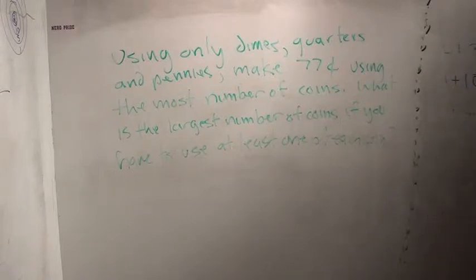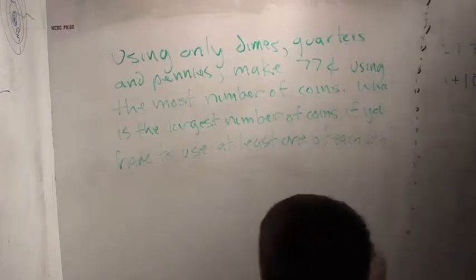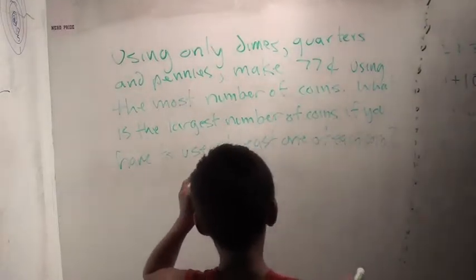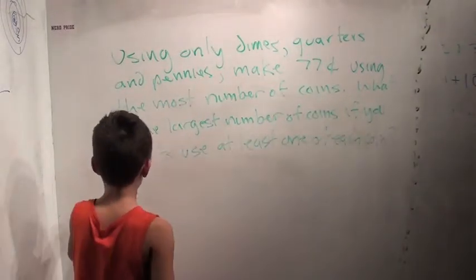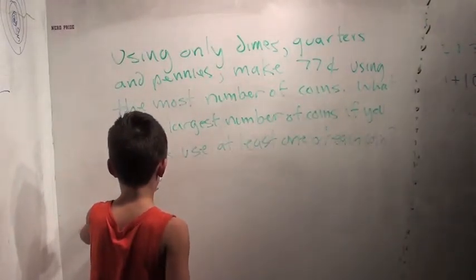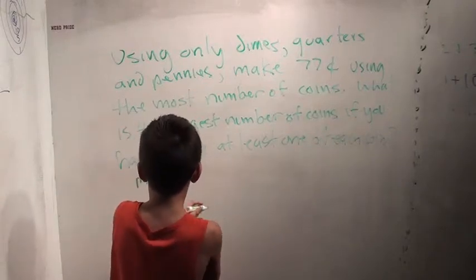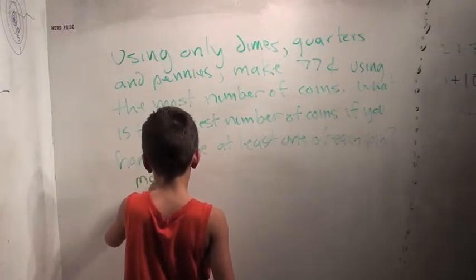I think I know the most number. It's 77 pennies. Very good. You saw that one really quick. I was trying to trick you. So the largest way to make 77 cents, using the most number of coins, is 77 pennies. Why does that give you the highest number?